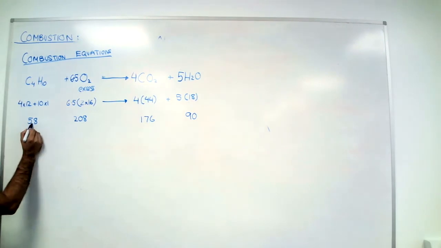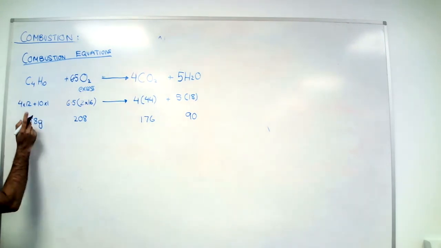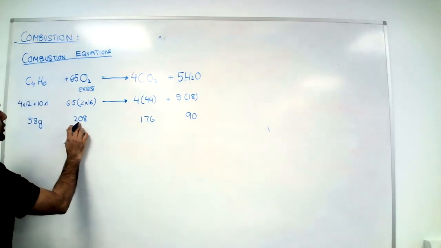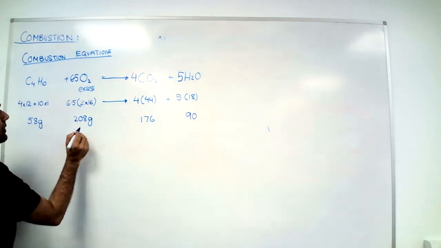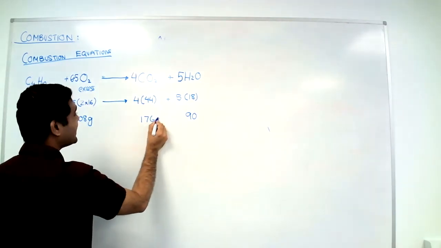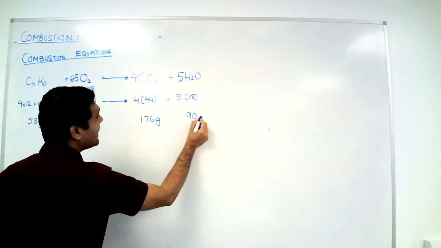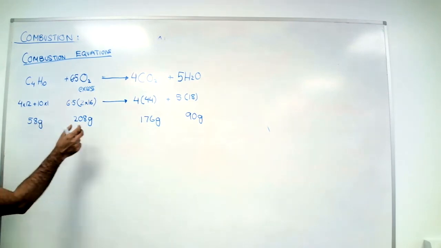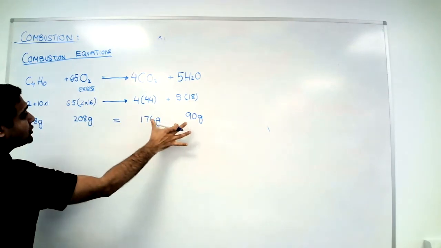If you are burning 58 grams of butane, you need 208 grams of oxygen, and it will give you 176 grams of carbon dioxide and 90 grams of water, either in the liquid or the vapor form. But if you add these two numbers, they should be equal to these two numbers.